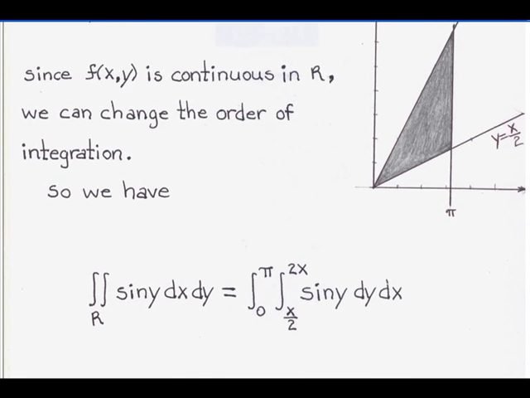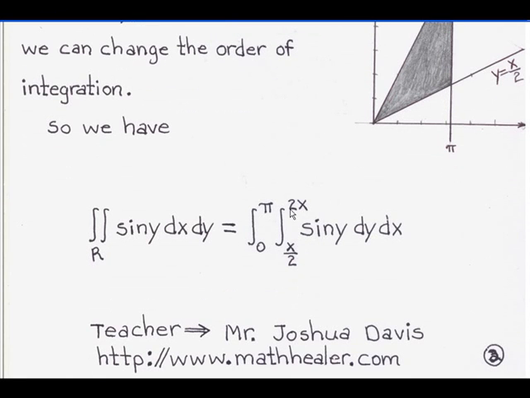So this is what we have as our upper and lower limits for the inner integral. It goes from x divided by 2 up to 2x, and we have sine y dy dx. Again, we were able to change the order of integration because the function is continuous within that region.